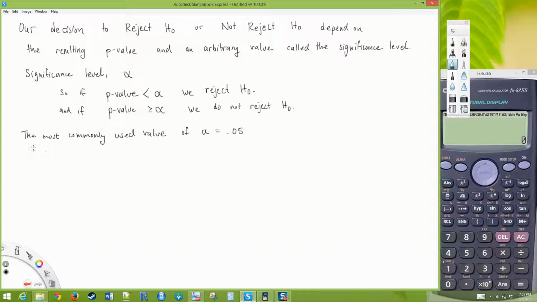But you know, if nothing is specified, you can kind of go under the assumption that alpha is 5%.